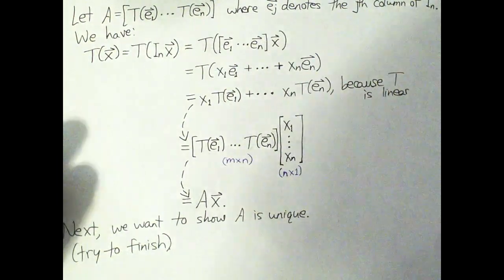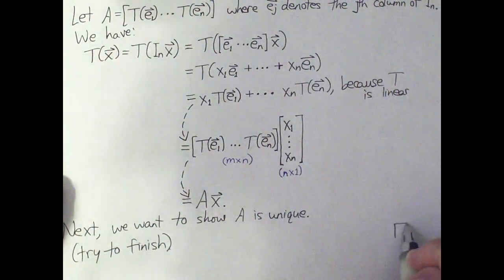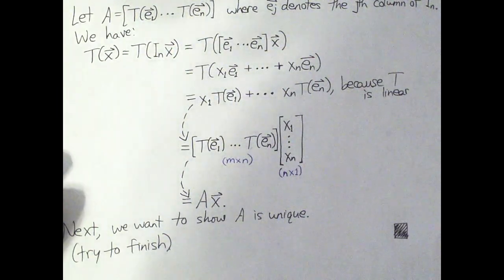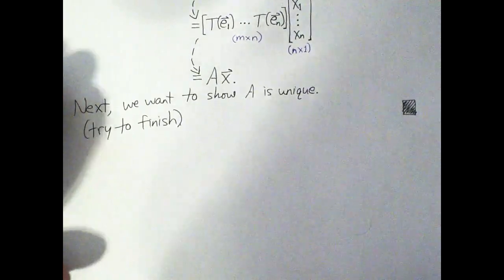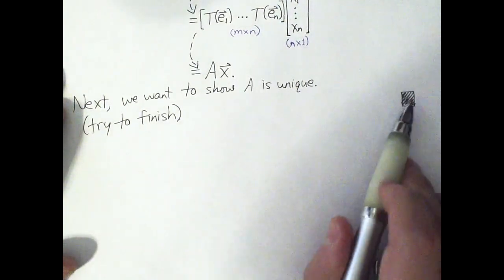So we are going to say that we have proved Theorem 10. I'm going to put a little shaded in square here to indicate the end of the proof. You fill in the gaps. Therefore, A is unique, end of proof.